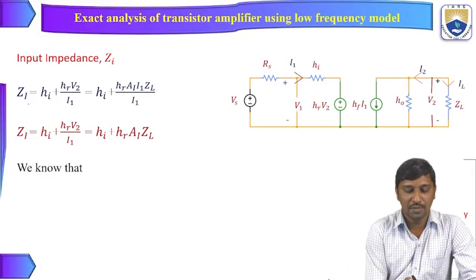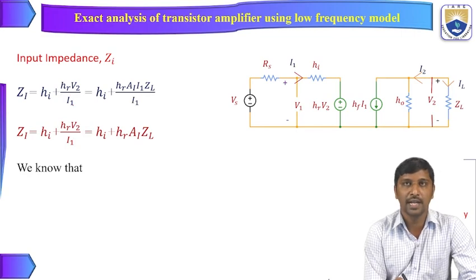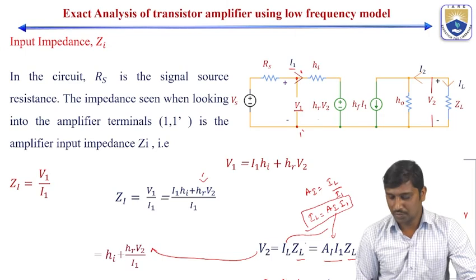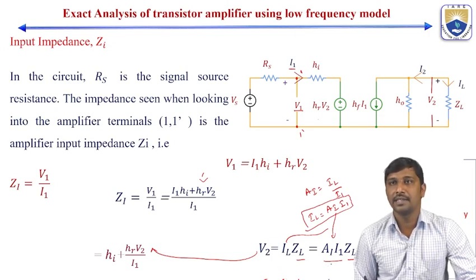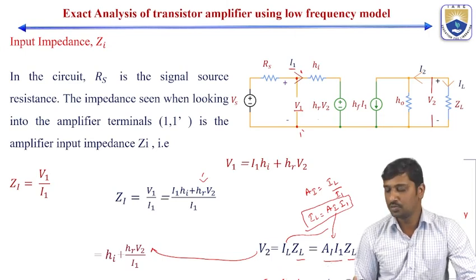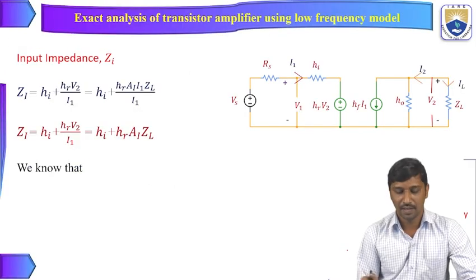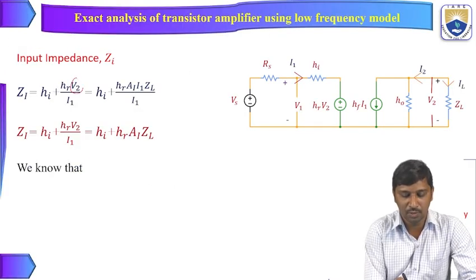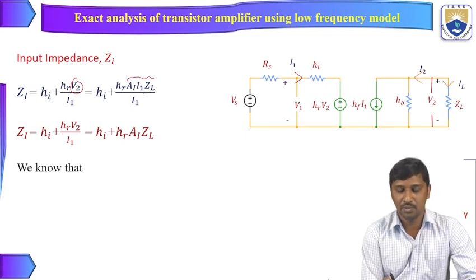So what we observe here is ZI is represented as HI plus HR times V2 by I1. V2 is represented as AI times I1 into ZL. So this V2 is replaced with the term AI into I1 into ZL, divided by I1.